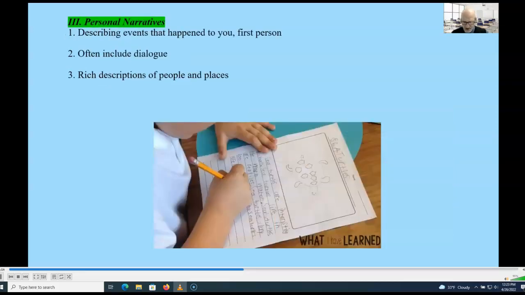The personal narrative, similar to an autobiography, describes events that have happened to the writer. Instead of a complete lifetime, singular events or short spans are described, usually written in the first person, often including dialogue, rich descriptions of people.